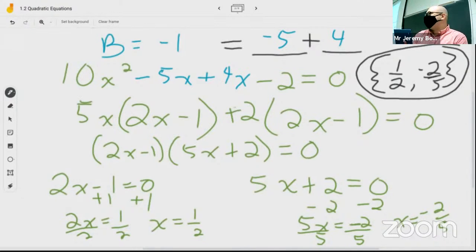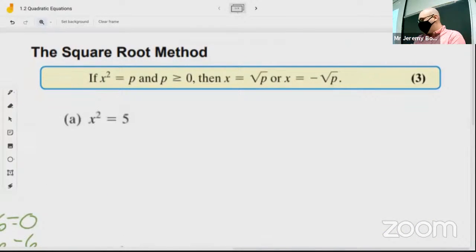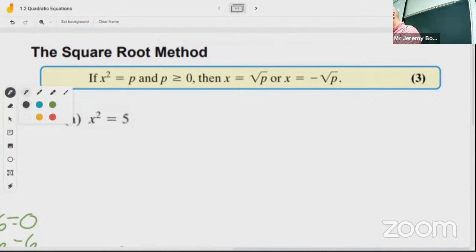All right, any questions? So the last method I want to talk about today, we'll probably do the quadratic formula tomorrow, is the square root method. If you can do the square root method, it's the quickest and easiest way to solve a quadratic equation.